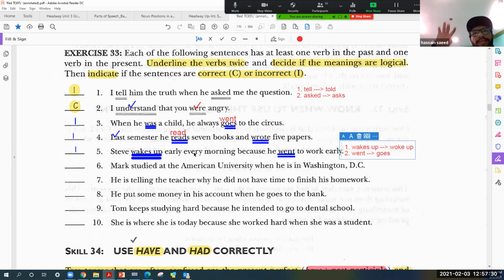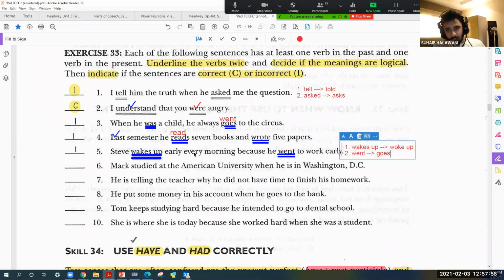So what does that mean? Did you wake up early every morning? No. Was anybody on the early shift last semester? You guys, did you wake up early every morning last semester?